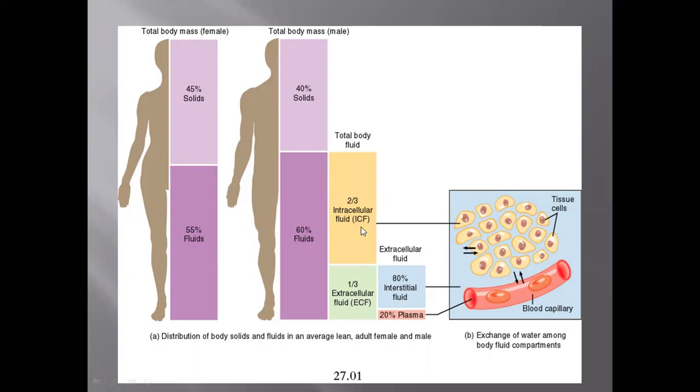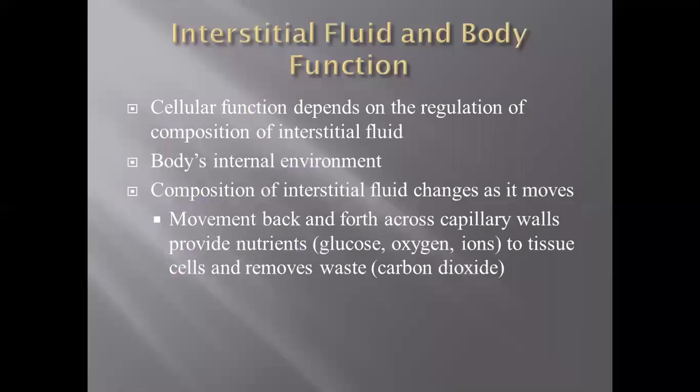Two thirds is intracellular and one third is extracellular fluid. The extracellular fluid is divided into two parts. Interstitial fluid is the fluid contained between the cells and tissues, and 20% is plasma, the liquid which is in the vessels like veins, arteries, and lymph vessels.